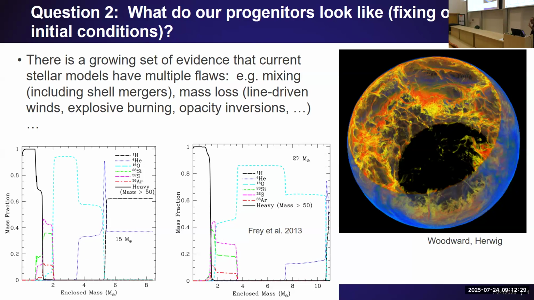But I want to talk about how we can use the electromagnetic emission from astrophysical transients to constrain some of our stellar understanding. And the images on the bottom here are using a mixing algorithm for stars more standard for what engineers use. It's called a Reynolds averaged Navier-Stokes solution. Dave Arnett came up with it.